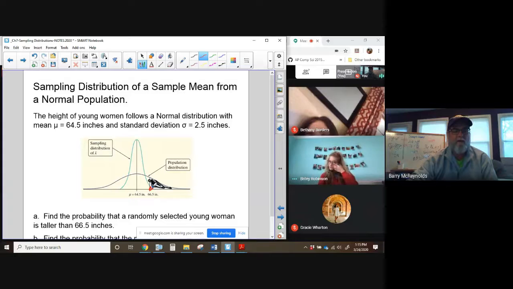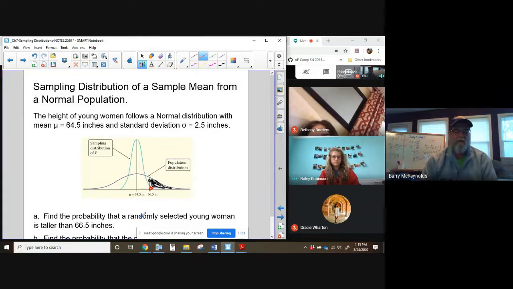So that's a pretty small number. You see a z-score of 2.5 and you know that's going to be a small number. And sure enough, when we calculate that value, it is 0.0057, or about 0.6% chance that the average of the 10 would be greater than 66.5.